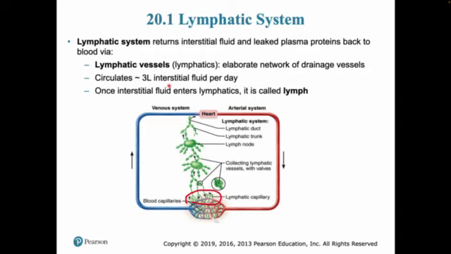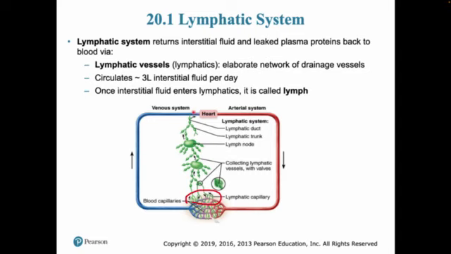And once the interstitial fluid enters the lymphatics, then it is called lymph itself. So lymphatic vessels are the entire network, and it carries the fluid called lymph throughout the vessel system.